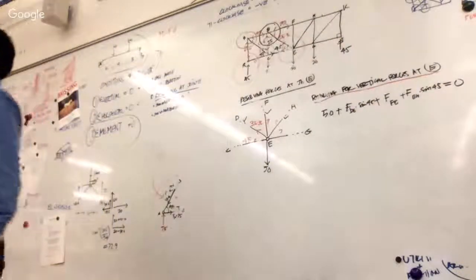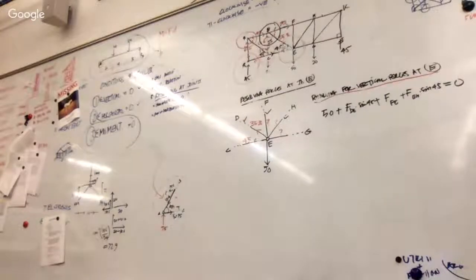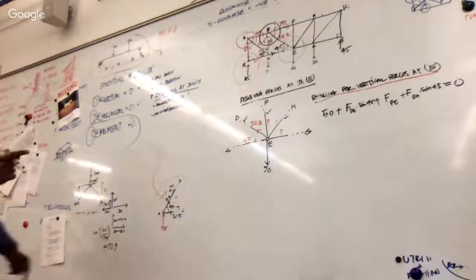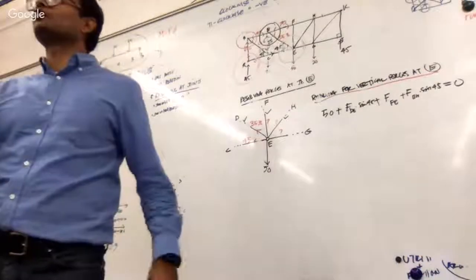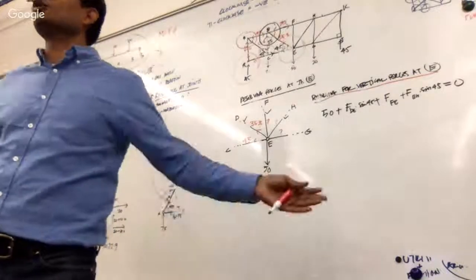So technically, isn't it impossible to solve E until you solve the opposite side? That's where the trick of this problem lies. Normally the way we do it, we always have one unknown, we get an equation, we solve it.